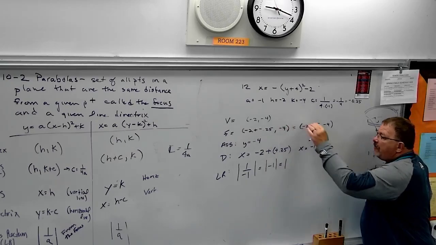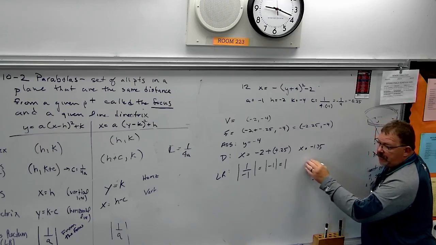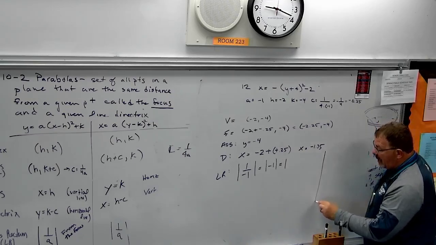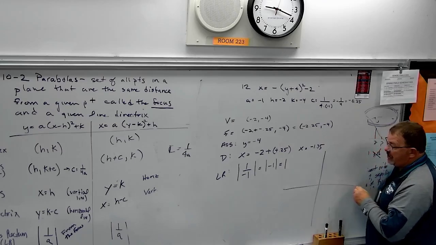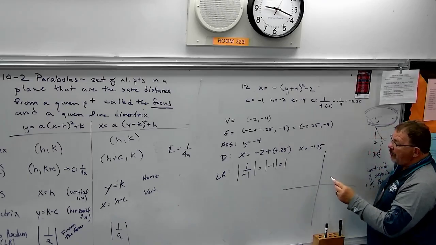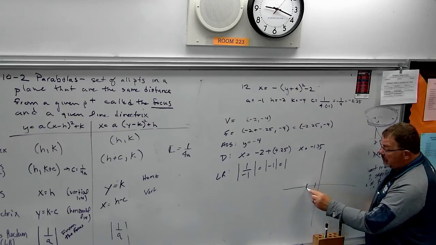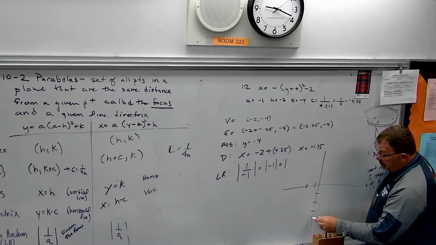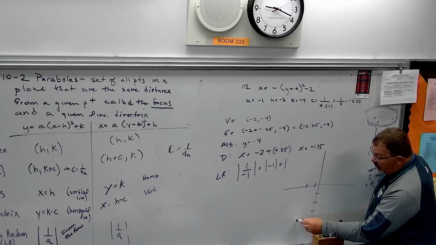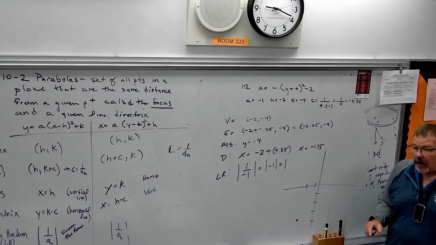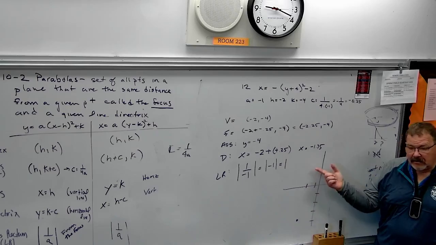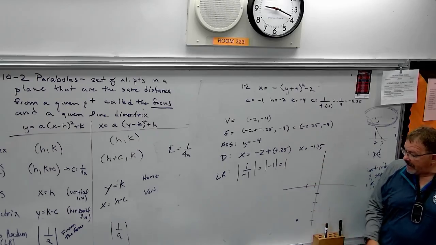But as long as you have all this stuff listed, I can follow what you're doing. So I'm going to make my scales just a little bit bigger. I need to go to -2, -4. If you don't like to do your graphs on really small grids like I gave you, then just do it on a piece of paper and make them bigger like this.